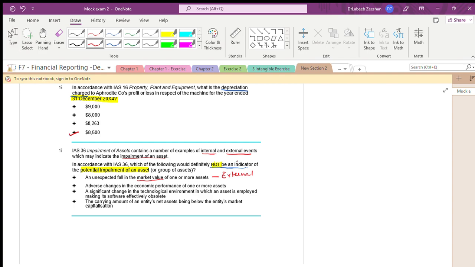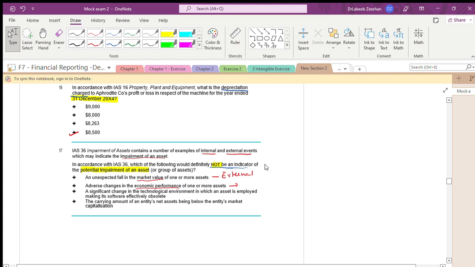Adverse change in the economic performance. Internal or external? External. This is economic performance.